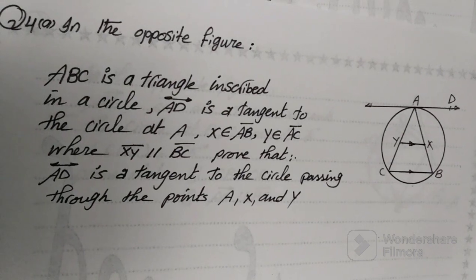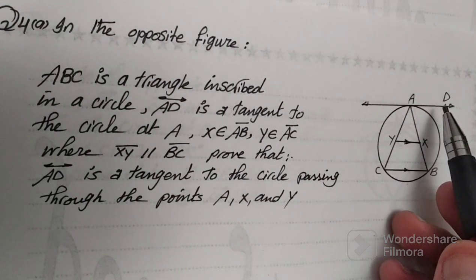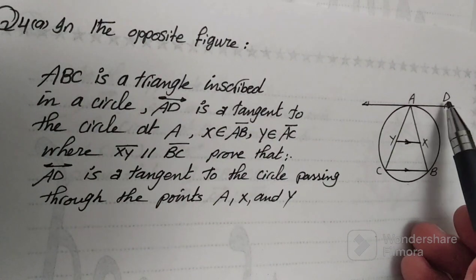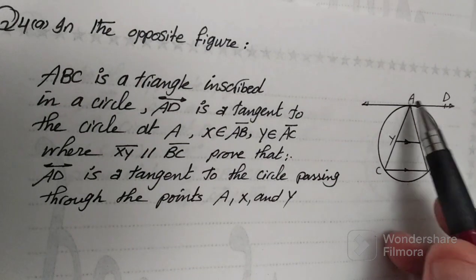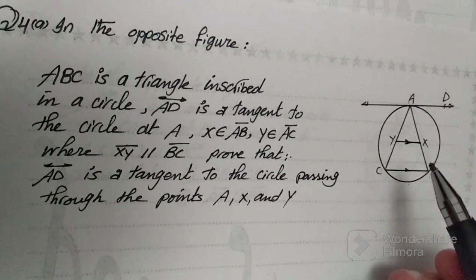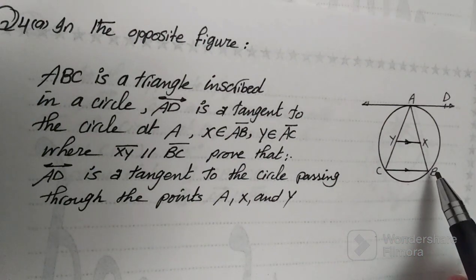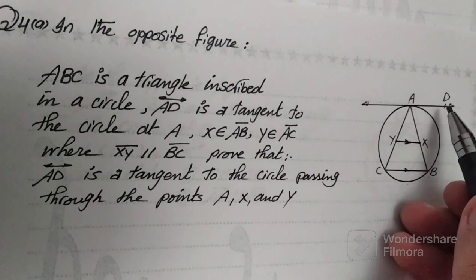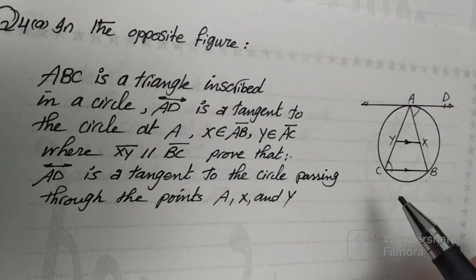Okay. He said AD is a tangent. Therefore, DAB is an angle of tangency. Since ACB is an inscribed angle subtended by the same arc as the angle of tangency, they are equal. DAB equals C, number 1.